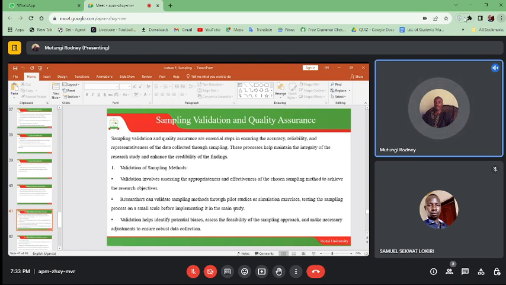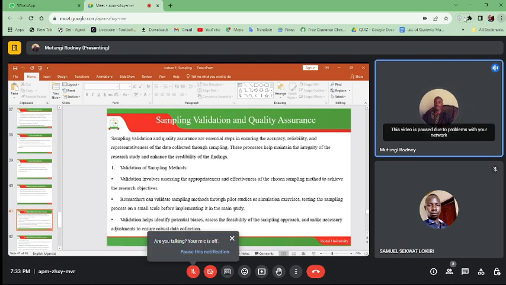You can just use some technological methods, and then you see how it is going to work. So you test on a small scale. All these pilot or simulation exercises are tested on a small scale before you go to the bigger scale, or to the actual sample that you are going to collect data from.